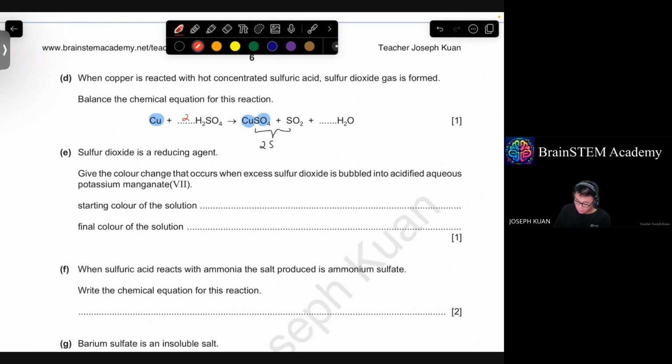So that will be 2 more. Let me check the answer real quick. Copper on both sides 1:1 ratio, sulfur 2:2 ratio, oxygen will be 8:8 ratio, and hydrogen will be 4:4 ratio. That is done.